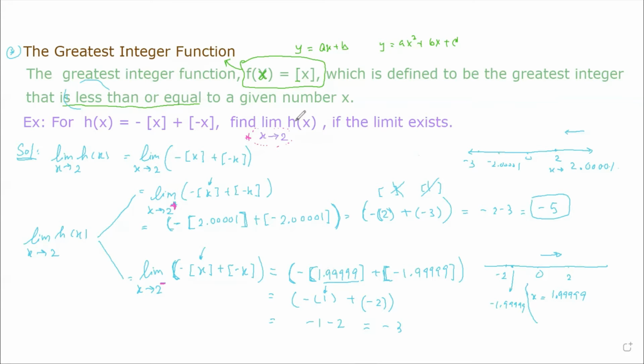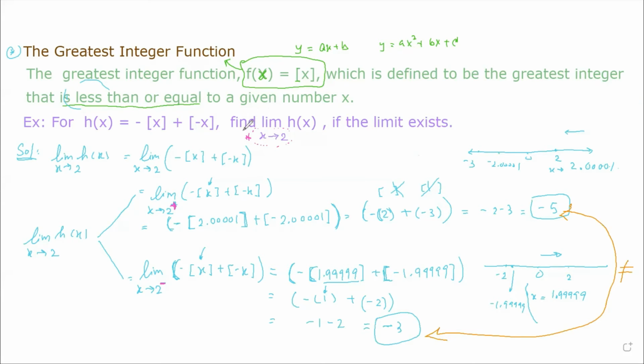Okay, so after this you can see we got the limit of the function h of x from the left hand limit is equal to negative 3. So when you see that the right hand limit and the left hand limit are not equal, right? Then you can conclude the limit does not exist.